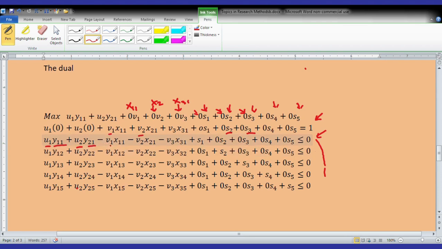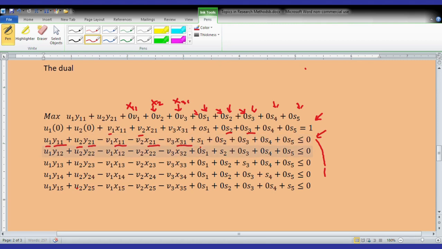And see that minus v1 is the variable, and x11 is the input being used by firm 1 for good 1. Similarly x21 is the second input being used by firm 1, third input being used by firm 1, and so on.